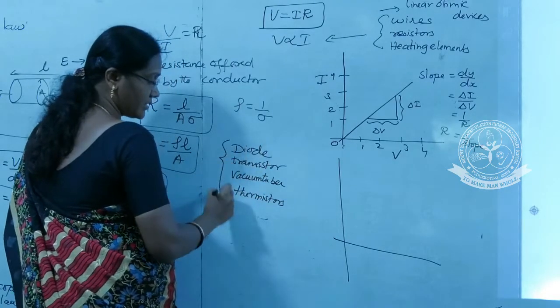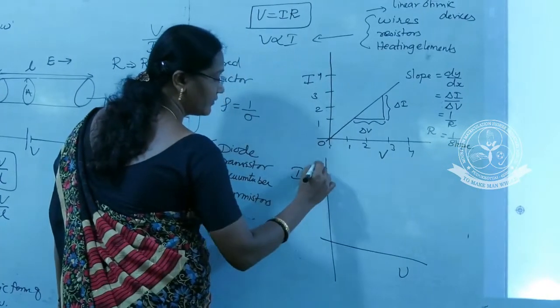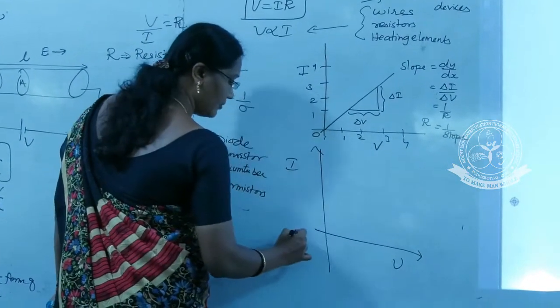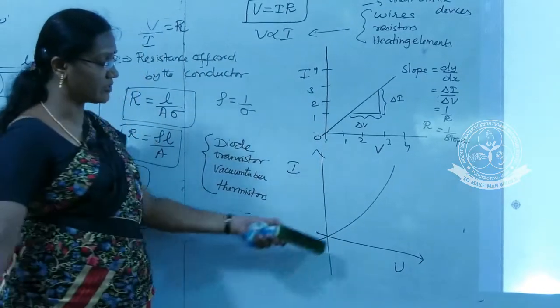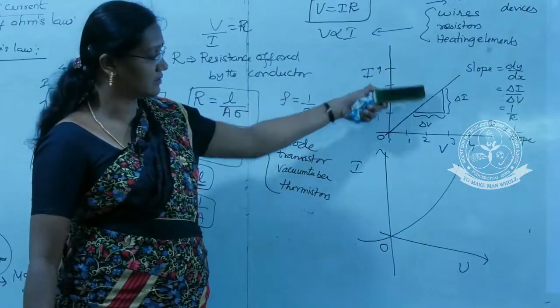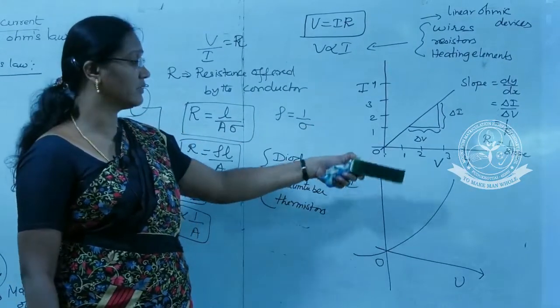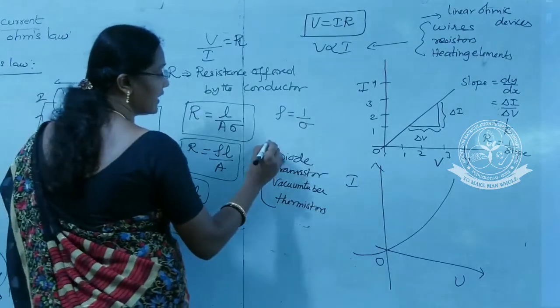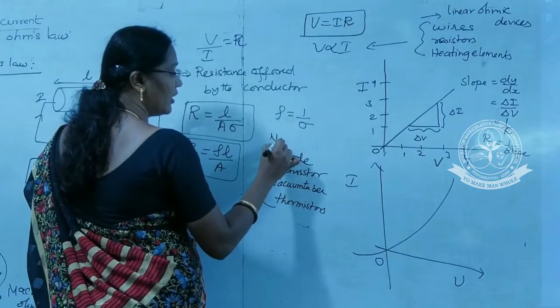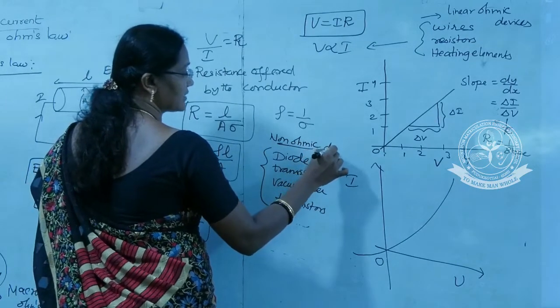In this case, if you draw the characteristic VI graph, it will be like this. See, the graph is not linear as in this case. So here we cannot measure the resistance, so we cannot say the resistance is constant. So these devices are called non-ohmic or non-linear devices.